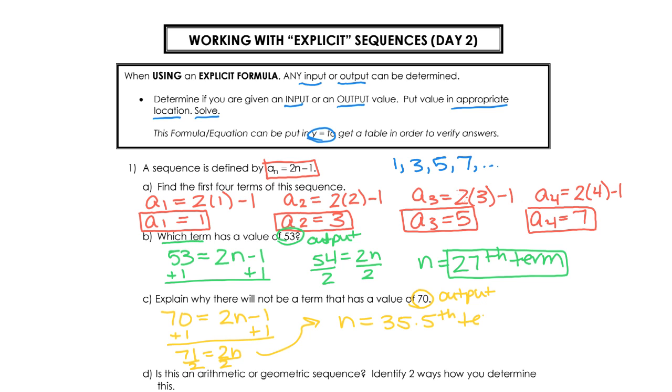So it'd be the 35.5th term. Does that sound right? No. And that's the reason terms have to be whole numbers, or integers, and 35.5 isn't. So we can have a 35th term, we could have a 36th term, we can't have a 35.5th term.